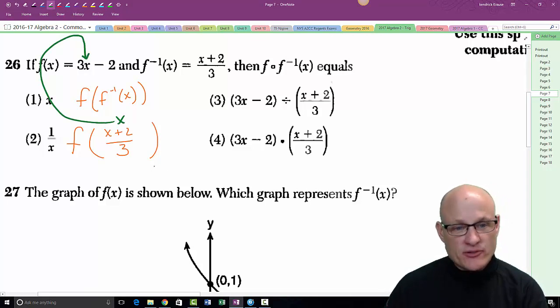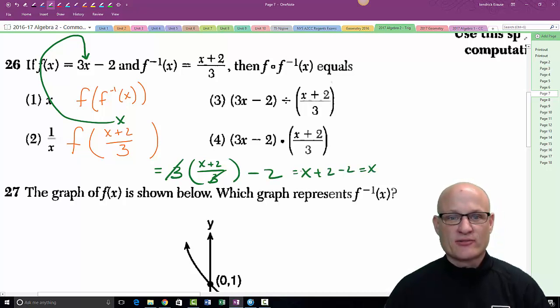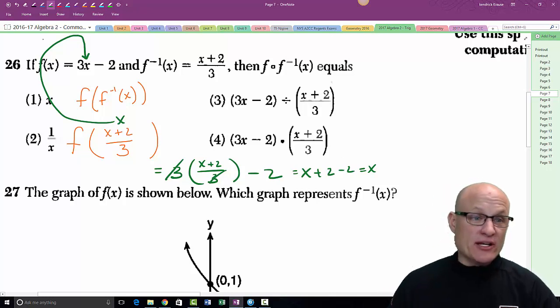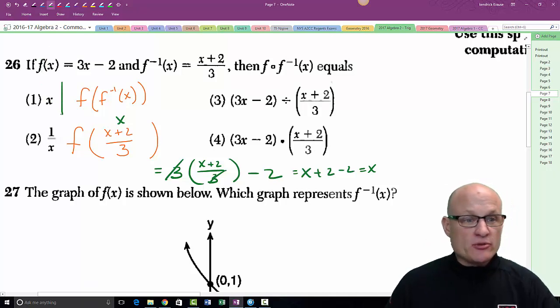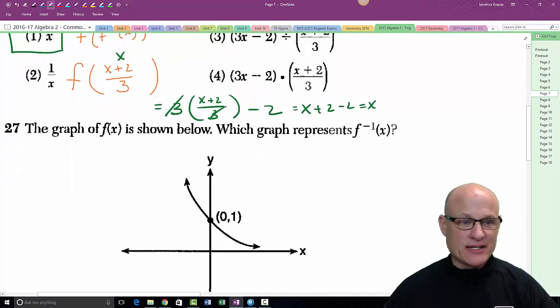So this is equal to 3 times (x plus 2 over 3) minus 2. Well, the 3's cancel, and I end up with x plus 2 minus 2, which is just x. And that's always going to be true if they're inverses of each other. So that's kind of a dumb question, but that's the answer.